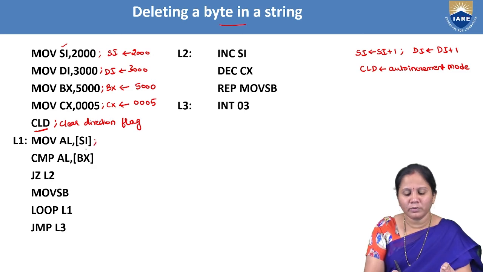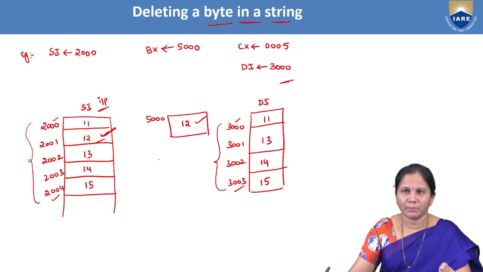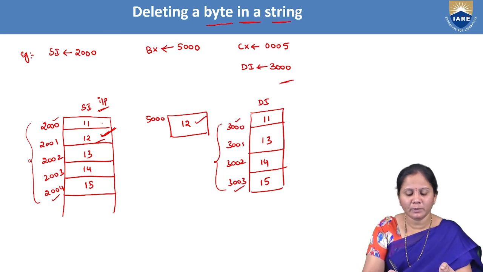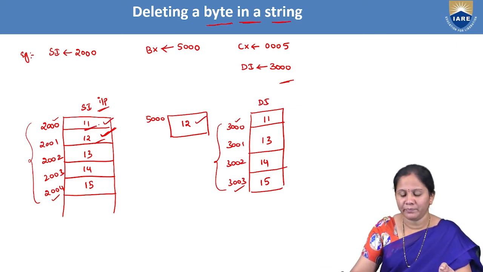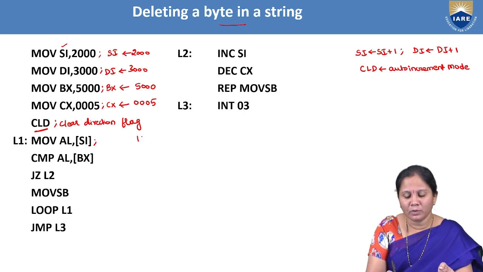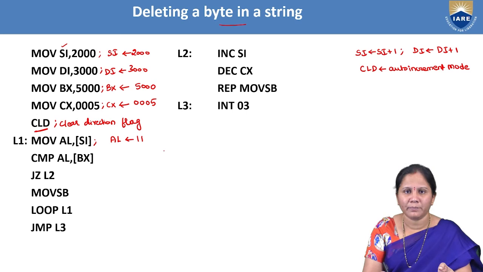Now, move AL, SI. The content which is present in SI will be moved into AL. According to the previous example, the SI value is 2000, and the content present in SI is 11. So here the value 11 will be moved into the AL register.